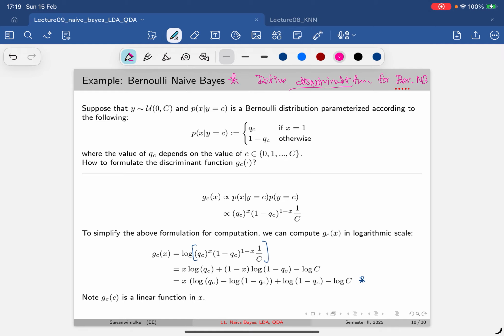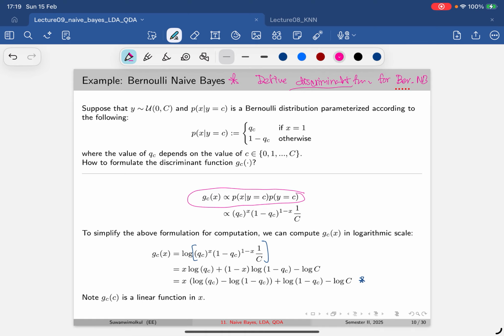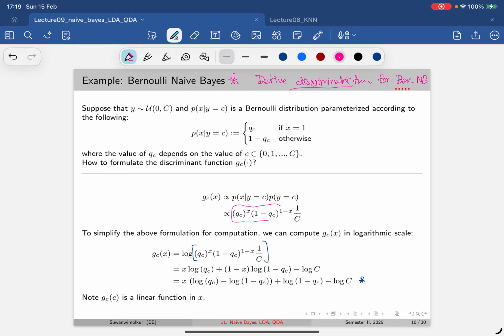In this example, I don't need to say much, but all you have to do is come with GC that is proportional to the product between the likelihood and the prior, and you just plug in your probability for the likelihood.